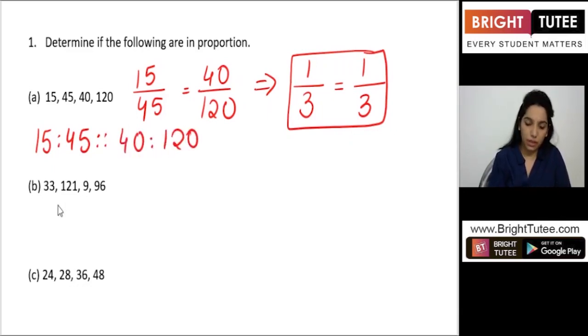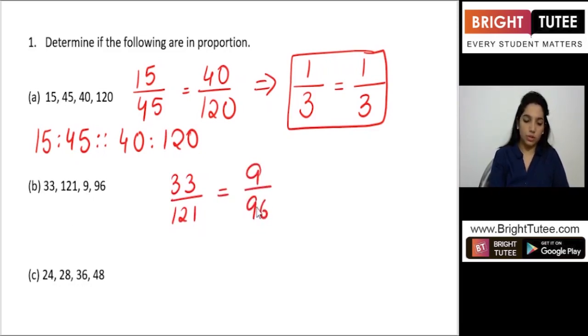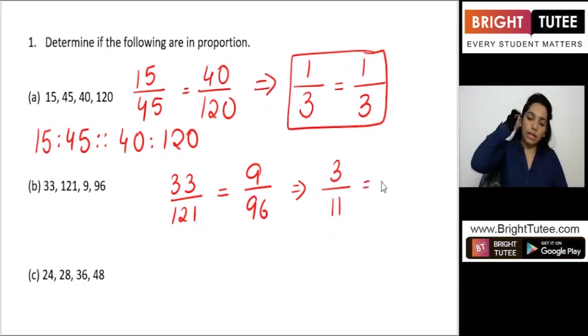Clear? Next one, it is 33 over 121 and we need to compare it with 9 over 96. Here we have 33 and 121, both divisible by 11. So 33 divided by 11 is 3 and 121 divided by 11 is 11. Now the next one is 9 over 96.